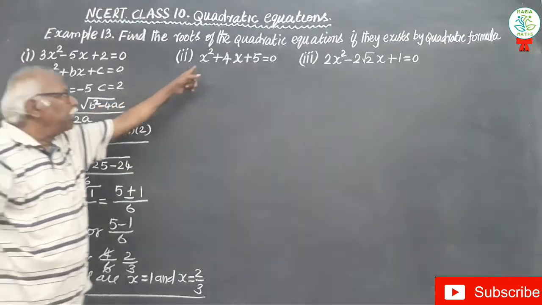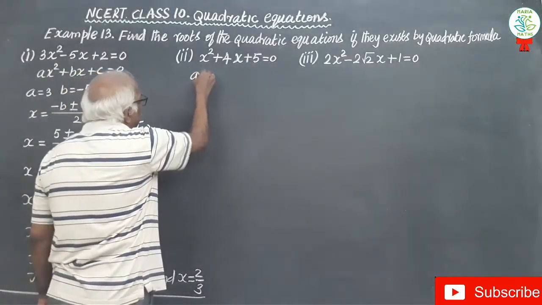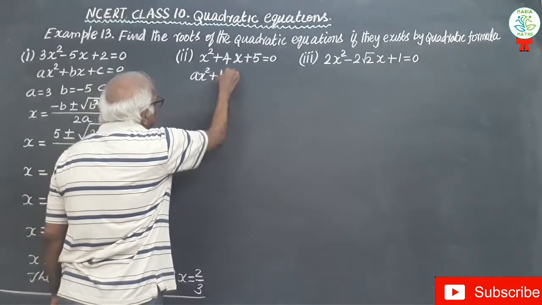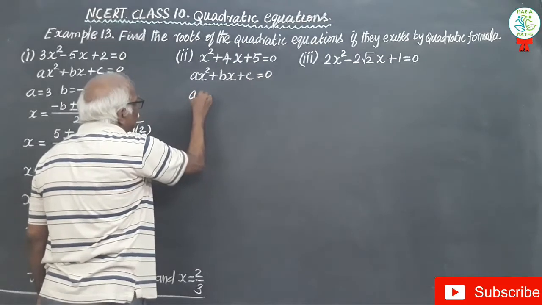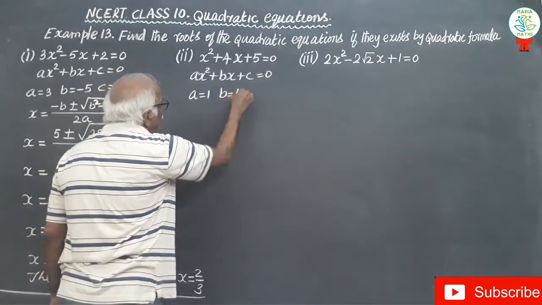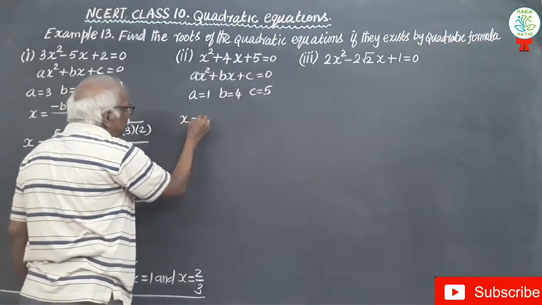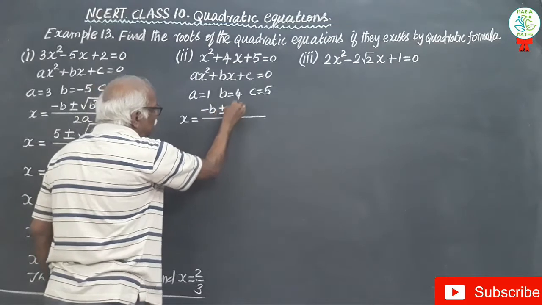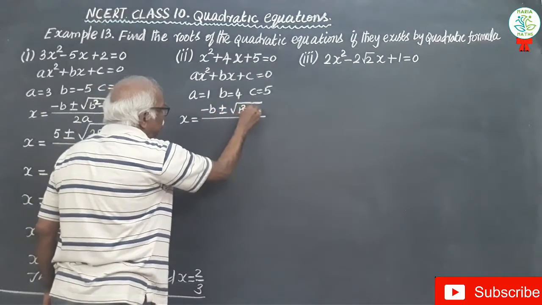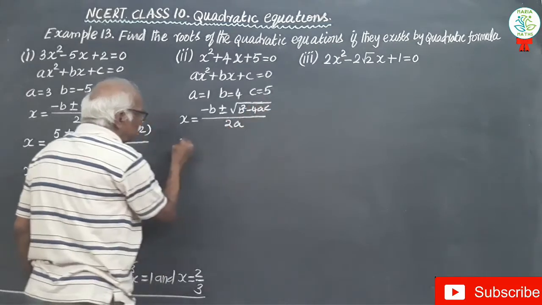Second question, x square plus 4x plus 5 equal to 0. Compare with ax square plus bx plus c equal to 0. A equal to 1, b equal to 4, c equal to 5. X is equal to minus b plus or minus square root of b square minus 4ac by 2a.